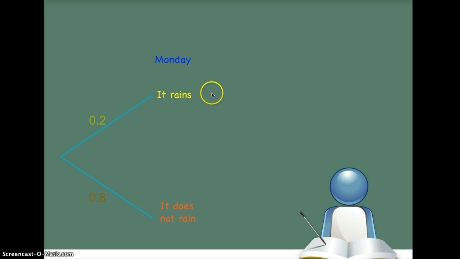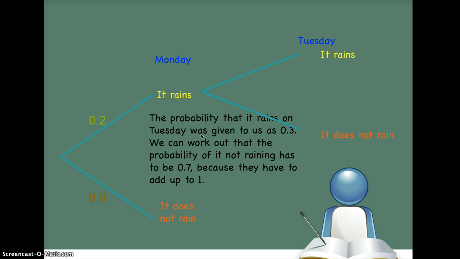Let's keep going for the second day, which is Tuesday. On Tuesday, again, it may rain and maybe it won't rain. The probability that it rains on Tuesday was given to us in the problem. It said 0.3 or 30%. So we can work that out.